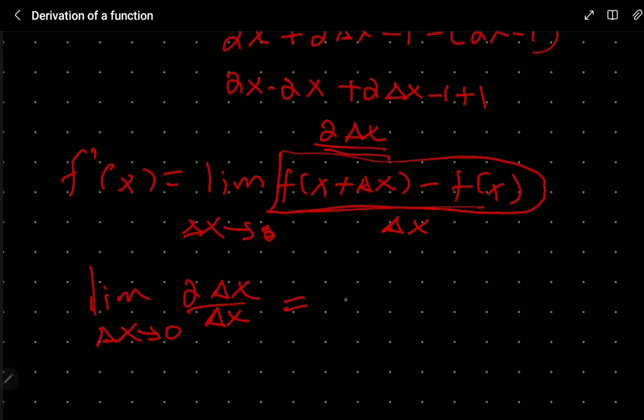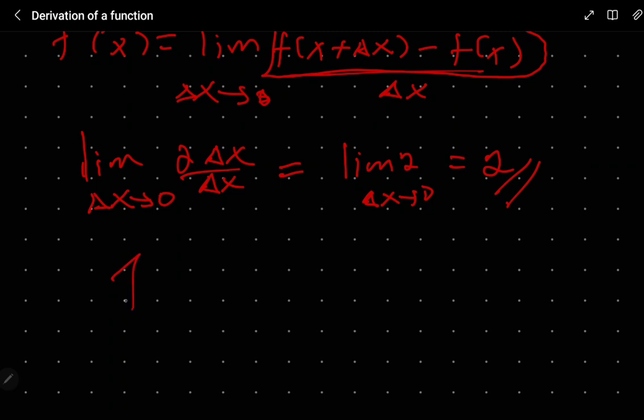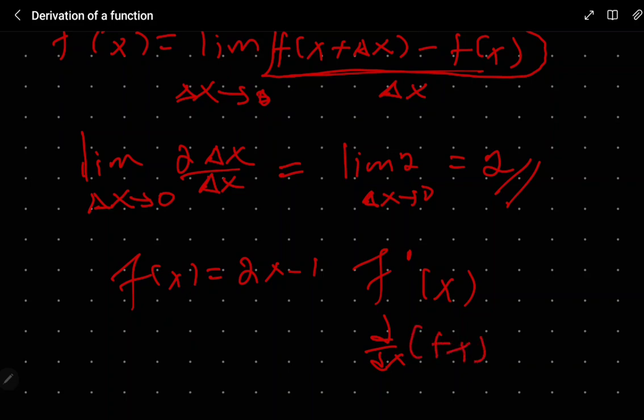So this is equal to the limit of 2 as change in x goes to 0, which is 2. Meaning if f of x is 2x minus 1, the derivative of f may be denoted like this, or you can say d per dx of f of x. There are different notations. So this is equal to 2.